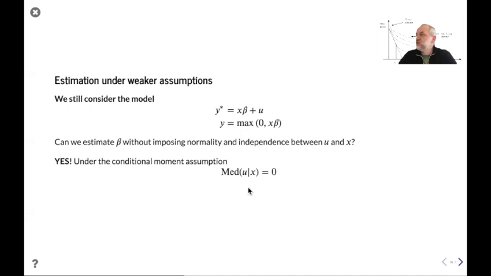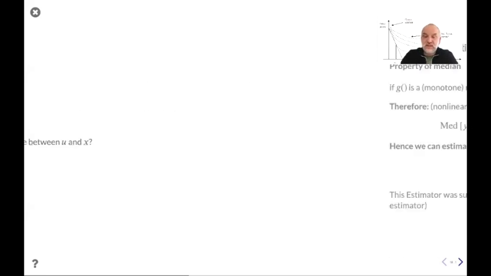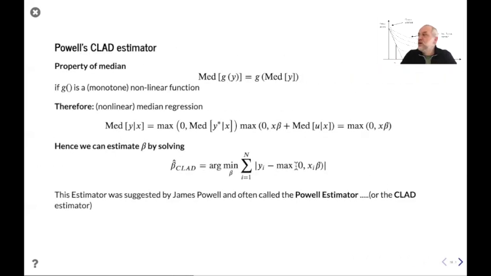We need that distribution to actually get the mean, but we don't need it to get the conditional median given the set of explanatory variables. So instead of assuming an entire distribution for u, we can live with this assumption. Let me take a little digression and talk about the property of the median.